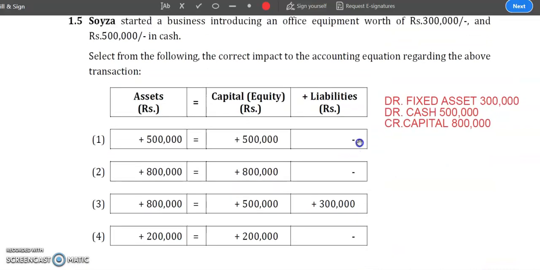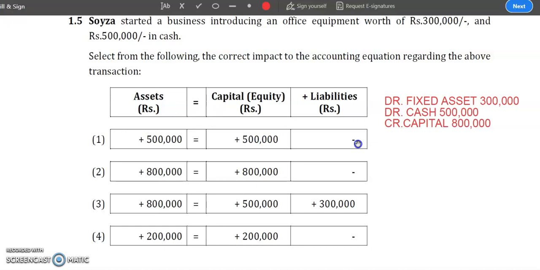Question number 1.5. Soisa started a business introducing office equipment worth 300,000 rupees and 500,000 rupees in cash. So he has started a business and introduced some assets into the business. When he introduced the office equipment, we debit fixed assets with 300,000, and when he introduced 500,000 in cash, we debit cash for 500,000.